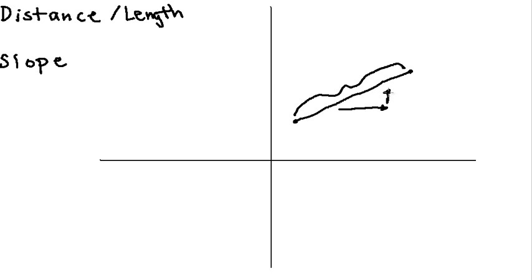In other words, we might consider the ratio of the rise over the run, where this is the rise and this is the run, and we call this ratio the slope. There are some simple formulas to get the length of a line segment, or the distance between any 2 points, or the slope of a line segment or line.